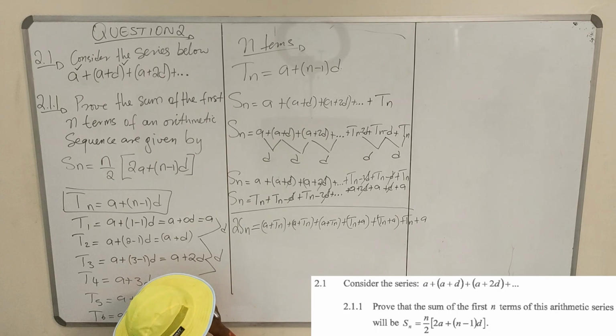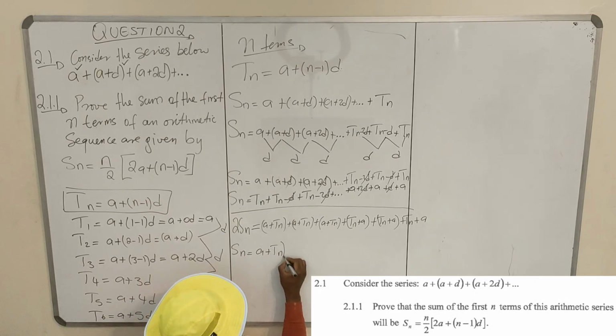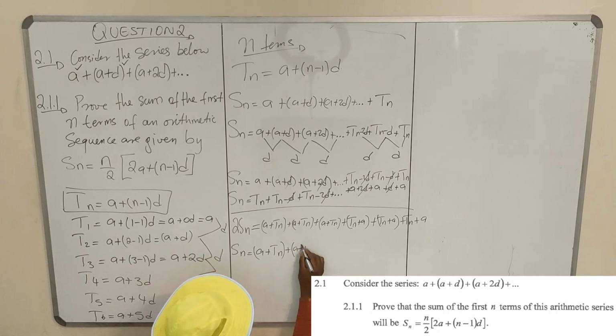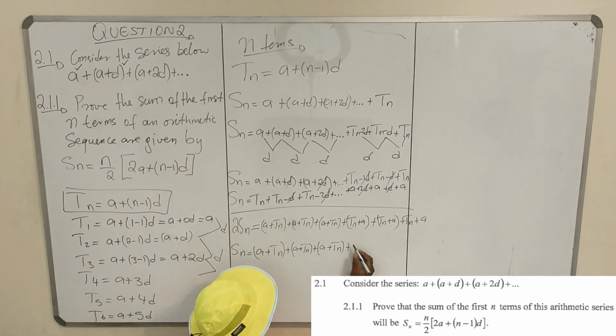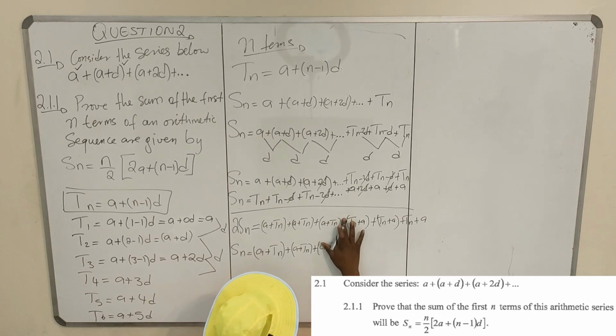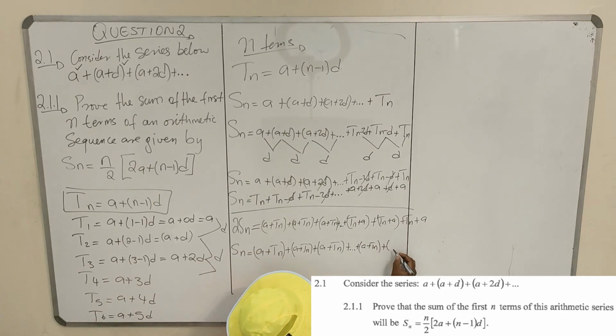So what this tells you is that 2Sn is equal to A plus Tn, which is the first one, plus A plus Tn, plus dot dot dot, which includes all the terms in between, plus A plus Tn, plus A plus Tn, which is the last one.